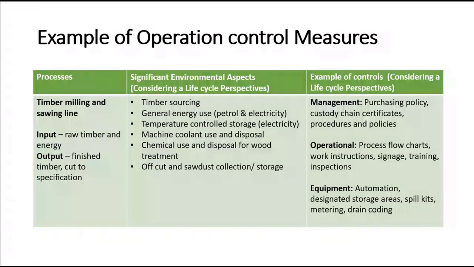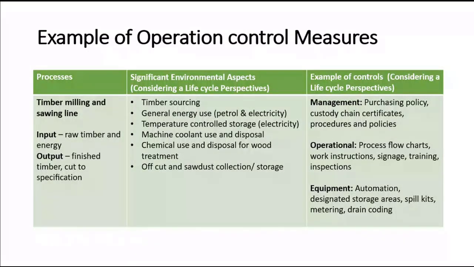How to control? This is how you can control, by three perspectives. Either you can control on the management side by having the purchasing policy, chain of custody certificate, procedure and policy. Or on the operational perspective: the process flow chart, work instruction, signage, training, inspections or monitoring.